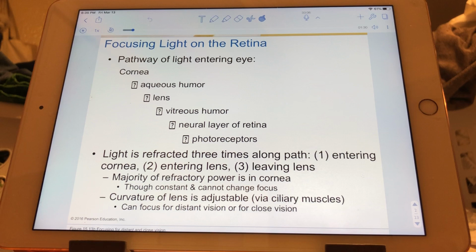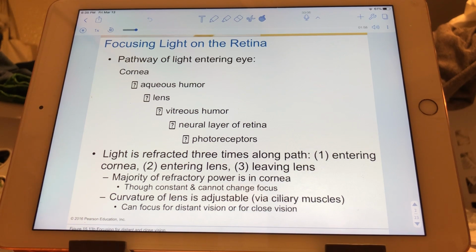We do, however, have the mechanisms in place thanks to ciliary bodies, which are really muscle, and ciliary zonules, the tethers between ciliary bodies and the lens, to change the shape of the lens. And so the refraction upon entering and leaving the lens is adjustable, okay?